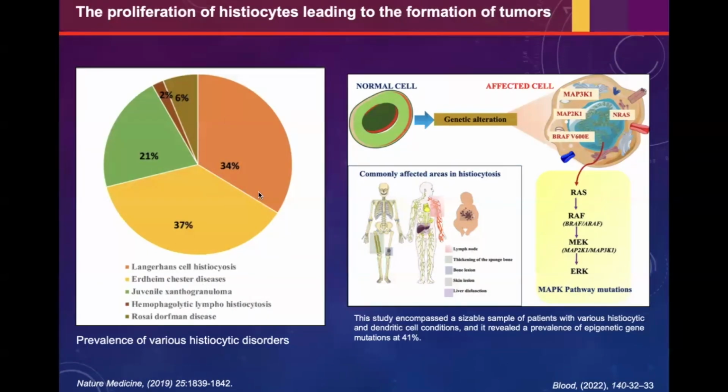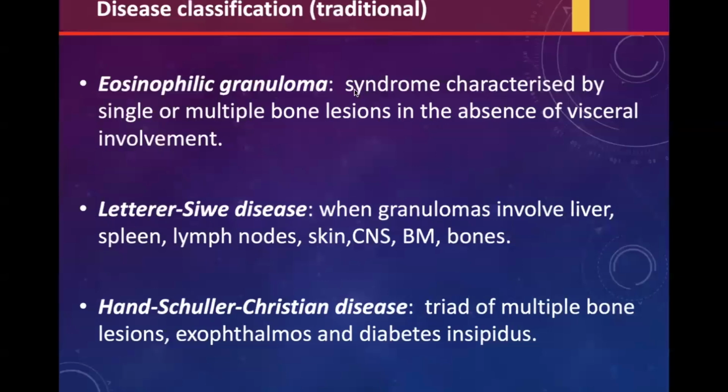In this graphic, the most common is Erdheim-Chester disease, and then Langerhans cell histiocytosis, which we're going to focus on. The traditional classification is this: eosinophilic granuloma, Letterer-Siwe disease, Hand-Schuller-Christian.